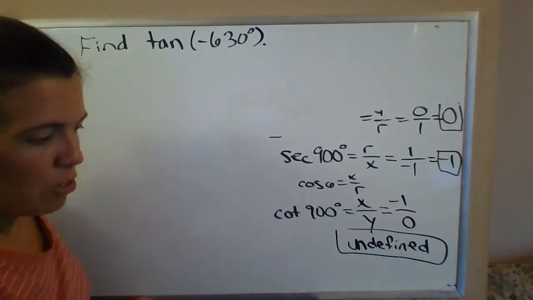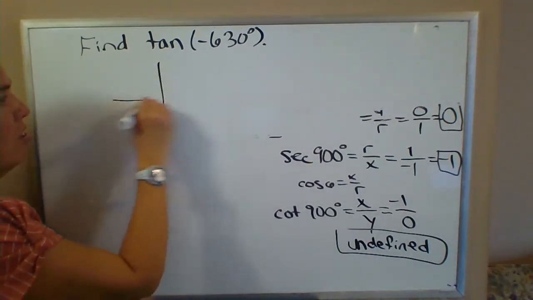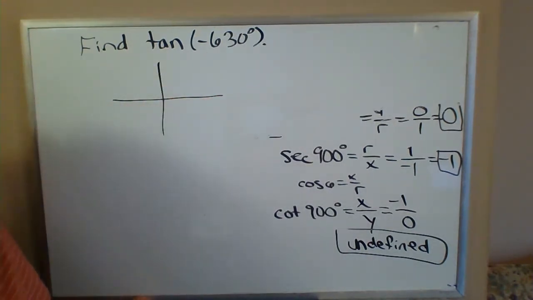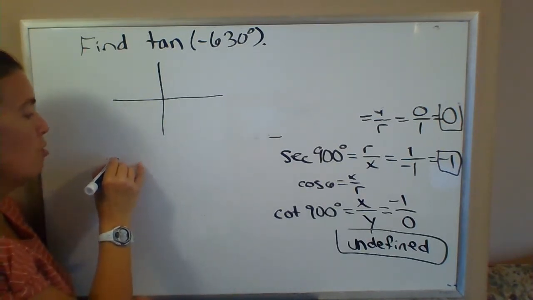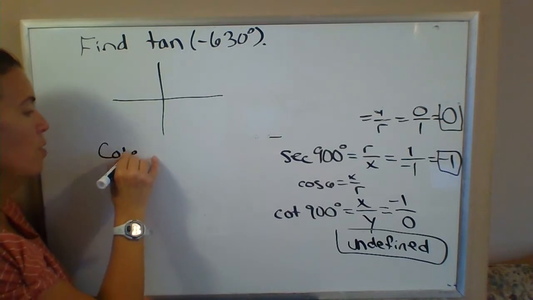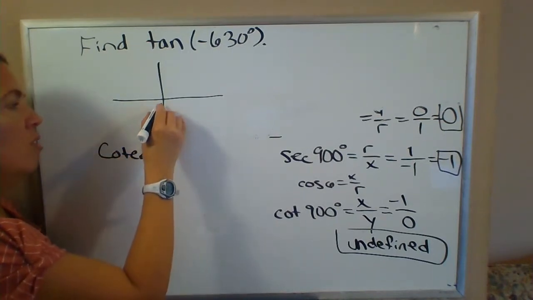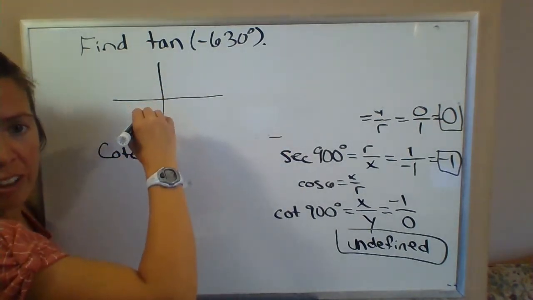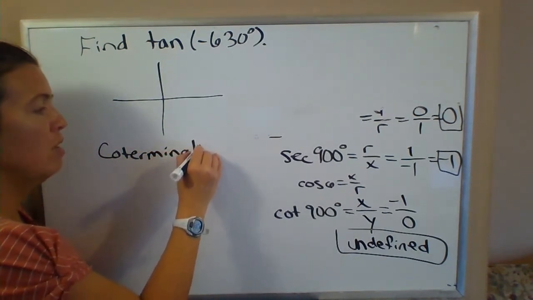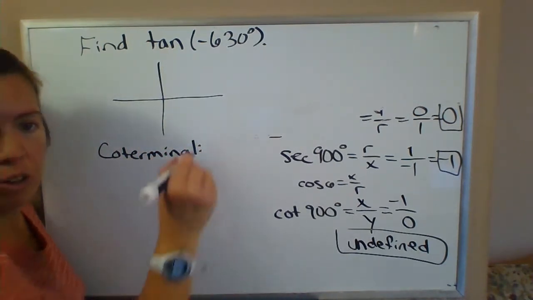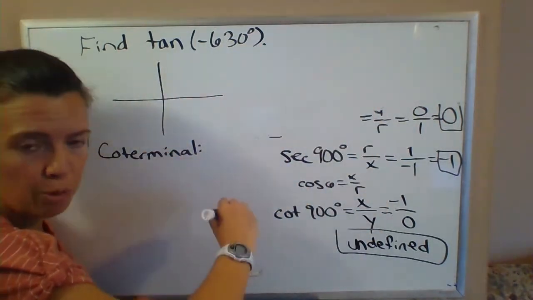So if we first want to draw this angle in standard position, well, it's hard to think in terms of negative angles, so what we could do to find a coterminal angle is add 360 degrees. You can always either add or subtract 360 degrees and you'll always land at a coterminal angle because you're just going one full trip around the circle.